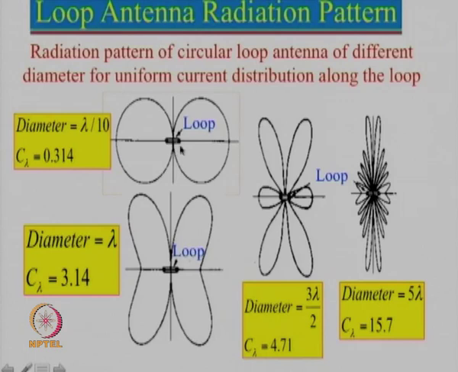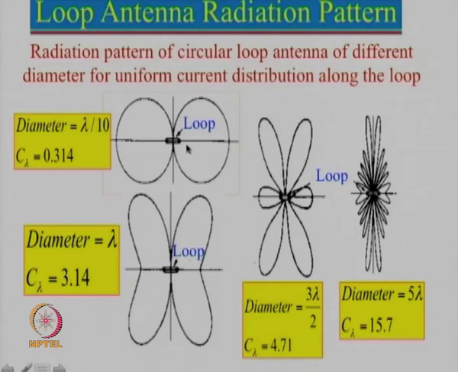Here the loop is placed in this particular fashion. This loop will be equivalent to a magnetic dipole, which will be something like this. For a dipole we know that there will be no radiation in this direction. In the same way, for the loop antenna there is no radiation over here.